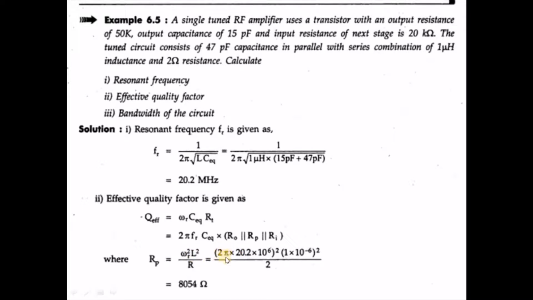So 2 pi and the resonant value FR, which we already calculated as 20.2 megahertz, is substituted here, and the L value is 1 microhenry. The value of R is given as 2 ohms, and after substituting these values in the RP equation, we will get RP as 8054 ohms. Now we can substitute this RP value in the Q effective equation.